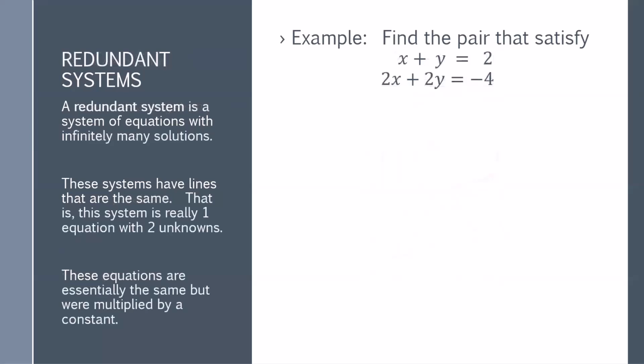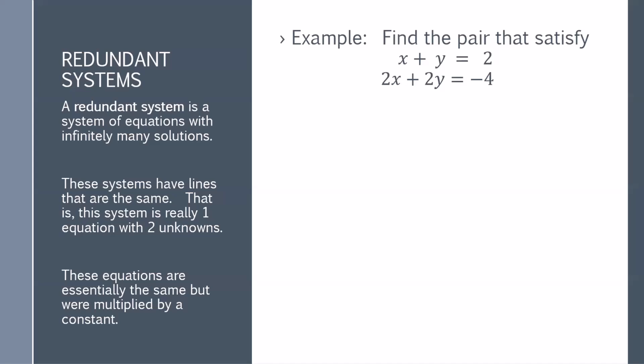A redundant system of equations is a system of equations that has infinitely many solutions. Again, when we look at these two equations, they have the same slope. The difference is that they also have the same y-intercept. So really, if you have a redundant system of equations, one of the equations is a multiple of the other. So here's an example. Find a pair that satisfy x plus y equals 2 and 2x plus 2y equals 4.